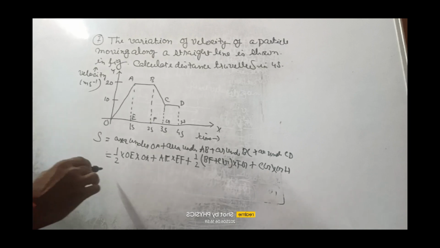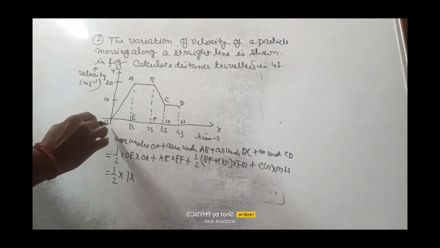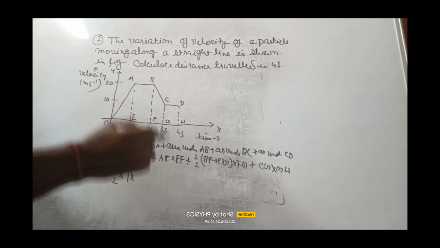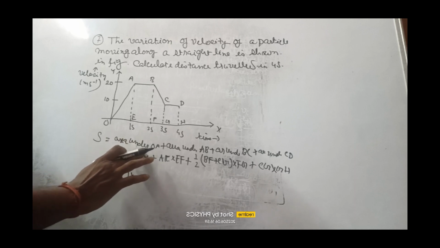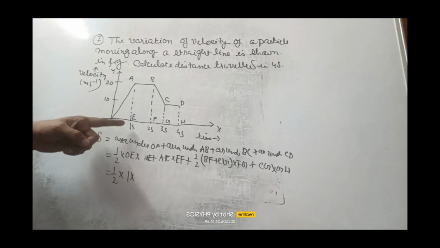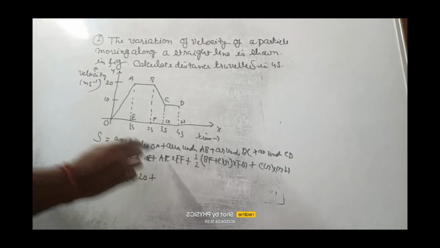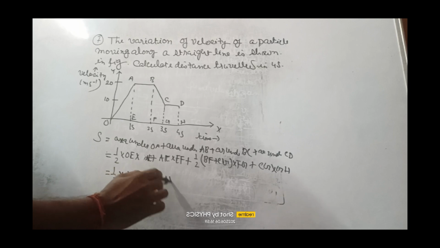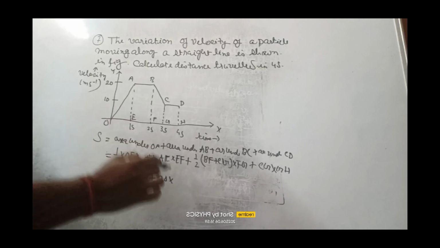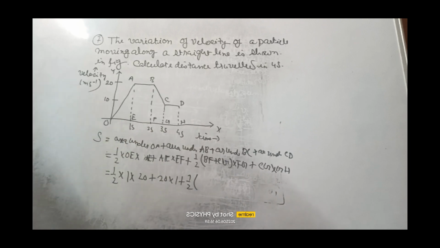Now putting the values, half into OE is 1 second, OA, sorry, this is AE. AE is 20, plus AE is 20 and EF is 2 minus 1, that is 1, plus half into BF.